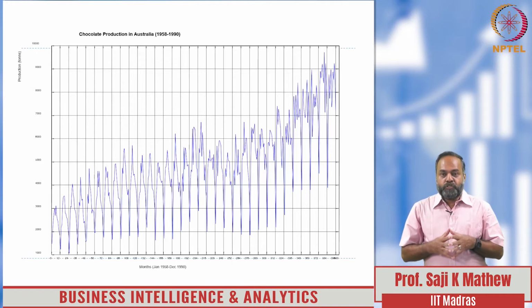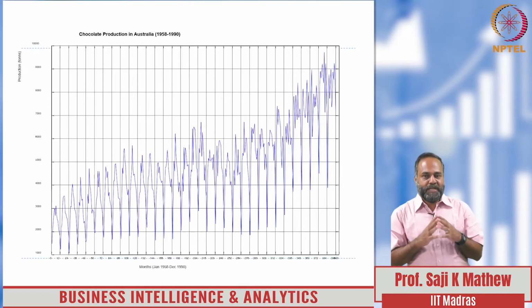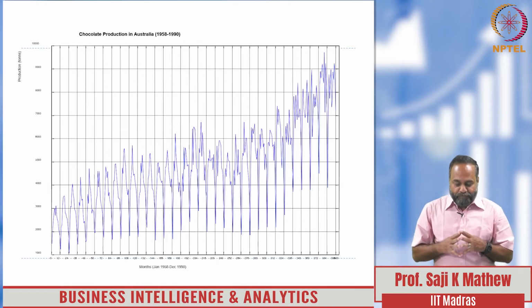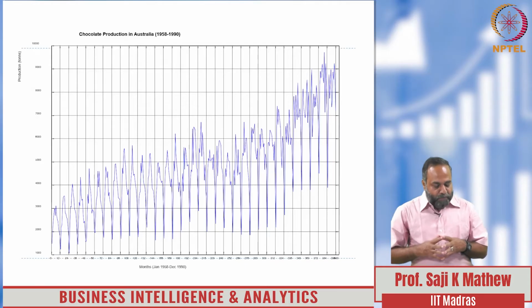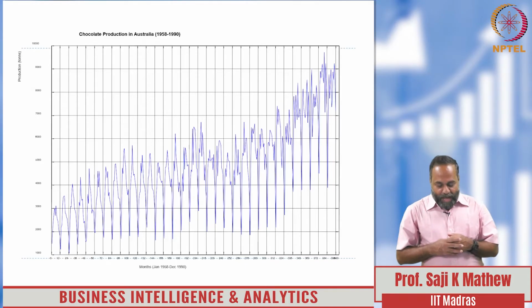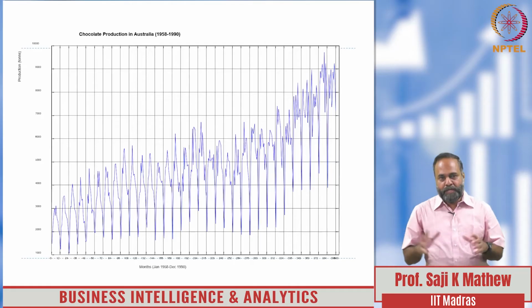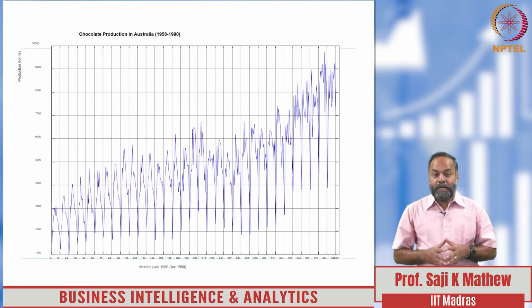All right. So our interest today is to model time series data. Okay, time series data, that's what we are looking at today. So an example of a time series is given in the chart, and this is chocolate production in Australia from 1958 to 1990. Okay, it's old data, doesn't matter. This is econometric data, but it is country level data.